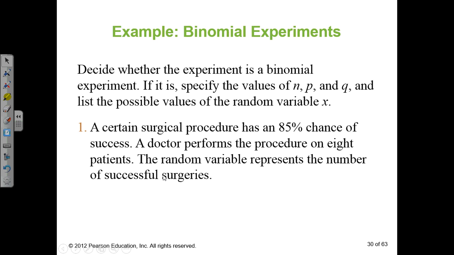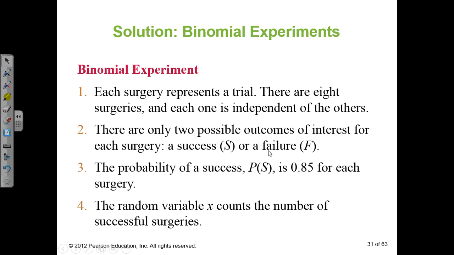Well, first, are we looking at a fixed number of trials? Yes. We're only looking at 8 patients. The probability is constant. It's an 85% success rate, and it stays constant for each of those patients. The success of each surgery is independent of the others. So yes, each of the surgeries represents a trial, and there's a fixed number of them.